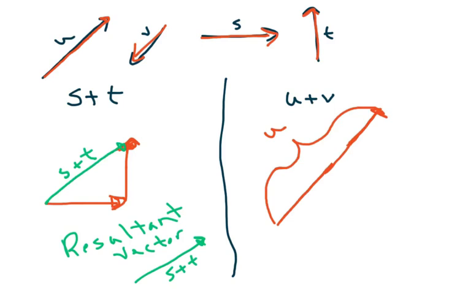Now V starts backwards. It's tail to tip, so we start from the tip of U and move back this way. This is your V. So your U plus V is right here, or the whole thing that you drew.